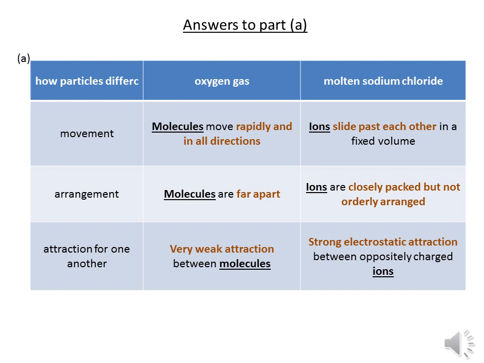Under molten sodium chloride, particles are described as ions because sodium chloride is made up of ionic bonding. Be clear, covalent bond, you use molecules. Ionic bond, you use ions to describe the particles.